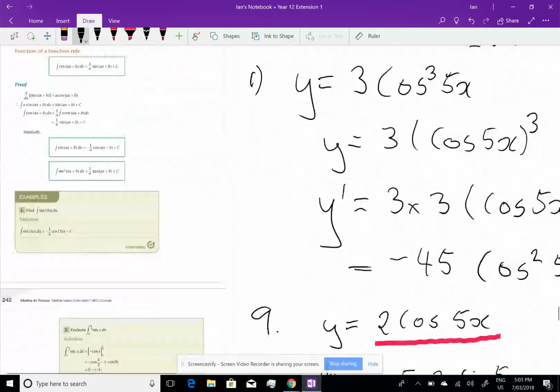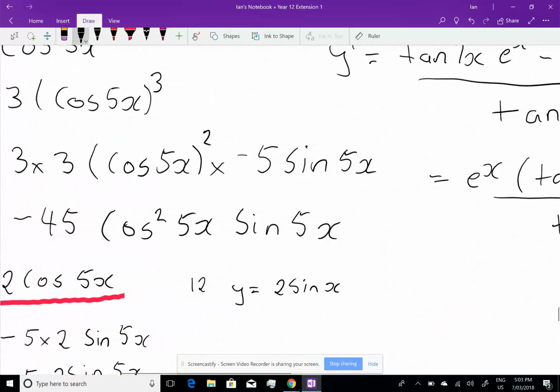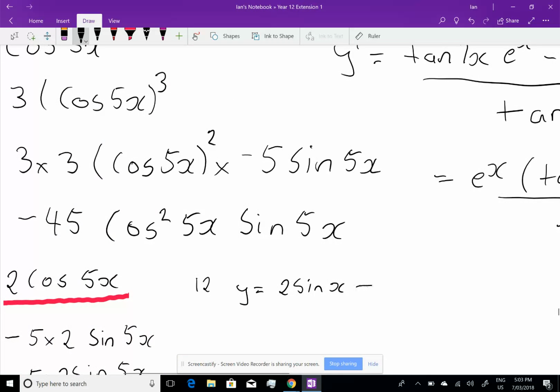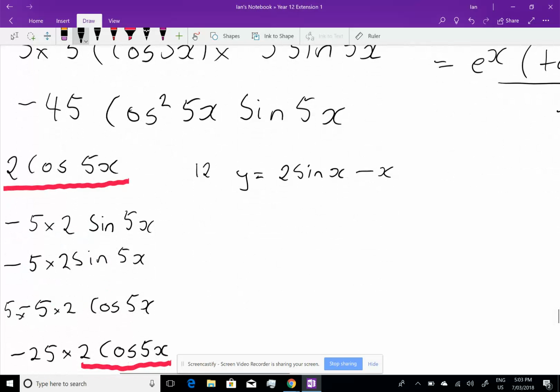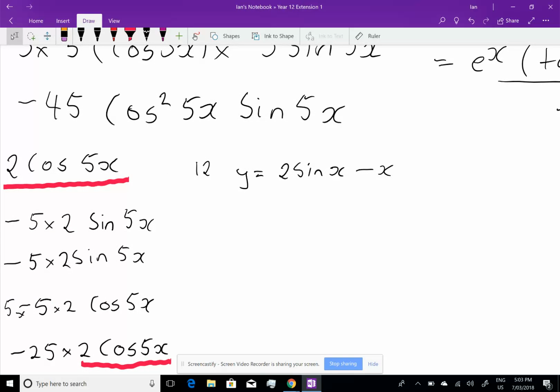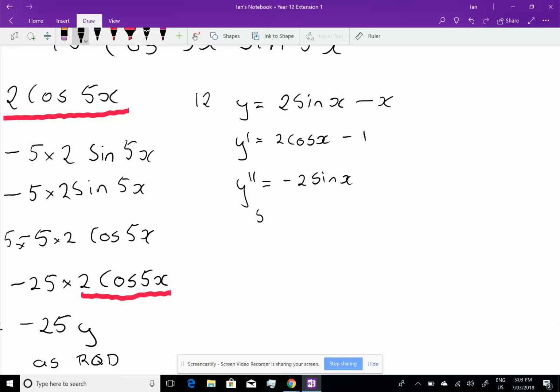I'm going to have to derive this twice. So y dash is 2 cos x minus 1, and y double dash is minus 2 sine x.